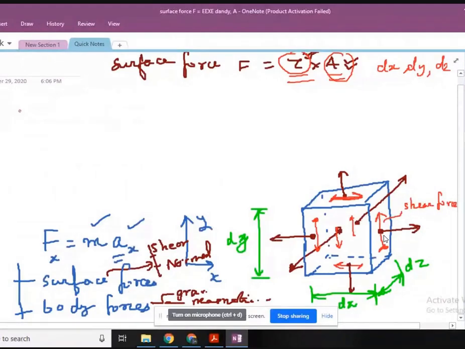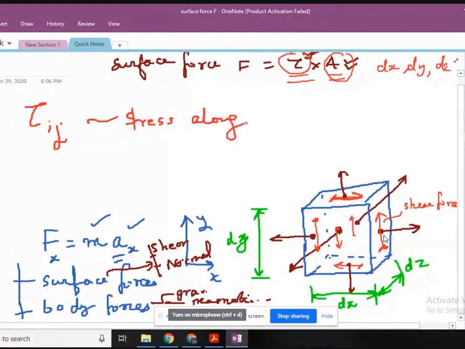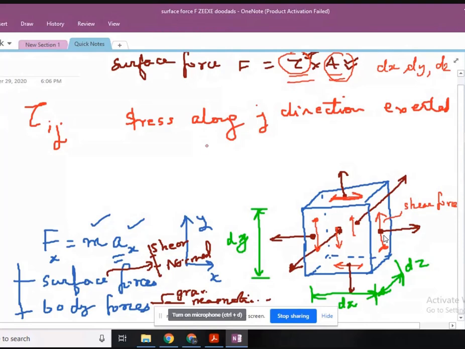There is always a sign convention associated with writing stress. So tau ij means the stress along the j direction, exerted in a plane perpendicular to the i direction.